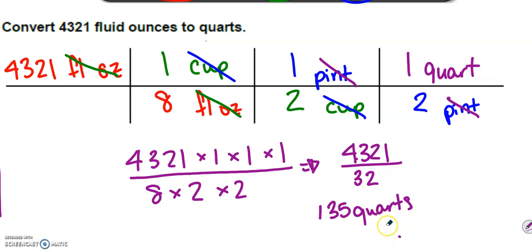Not even going to put the decimal because it's 0.03, and I tend to do just 1 decimal. So we have 135 quarts. That's how many 4,321 fluid ounces converts to quarts. Quarts are a bigger item, so it takes a whole lot of ounces to make 1 quart.